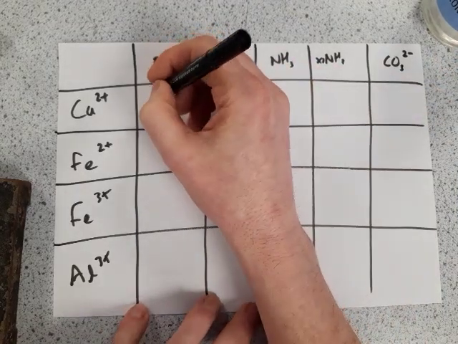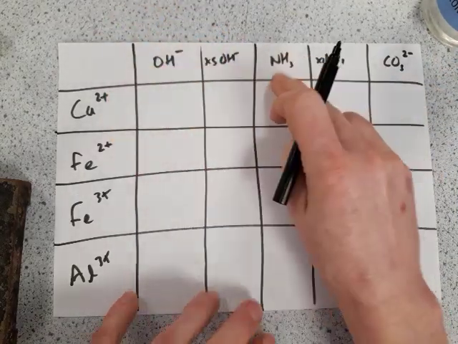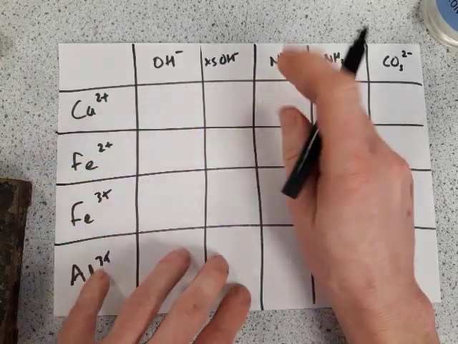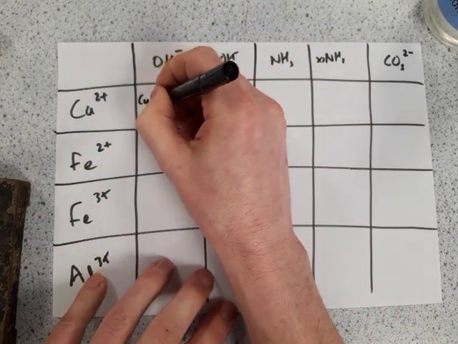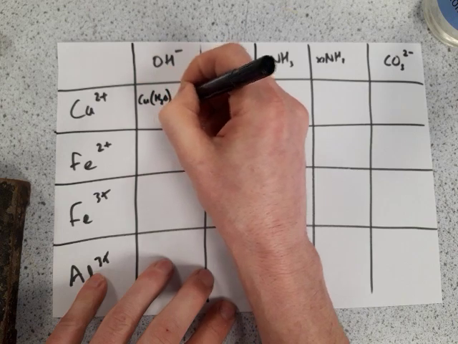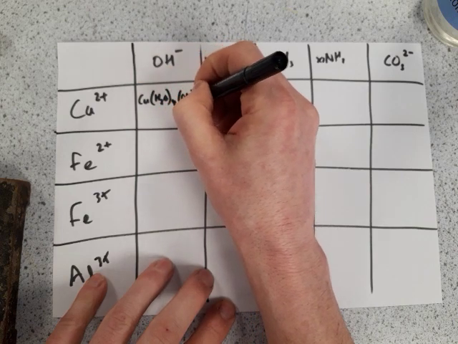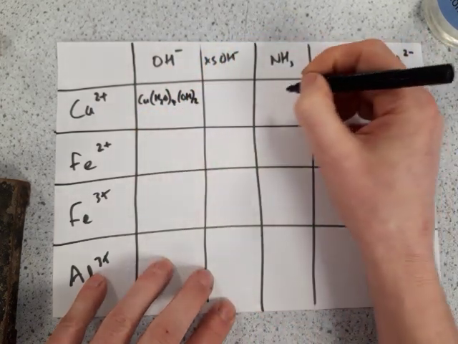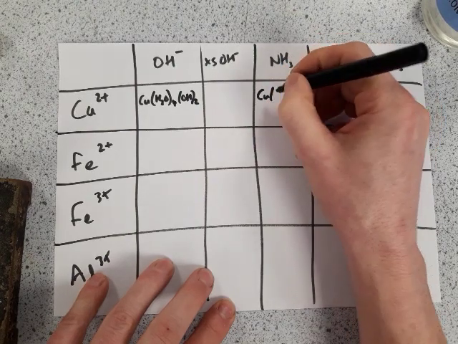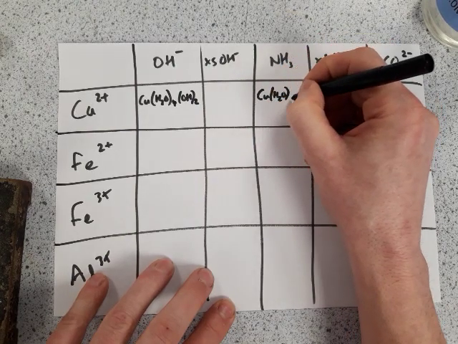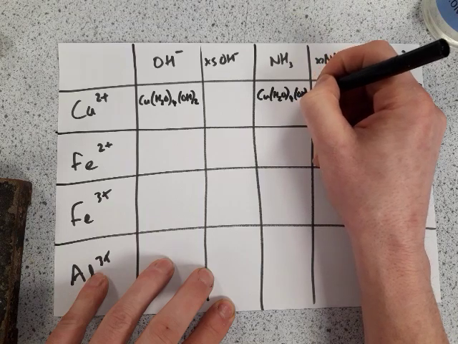We've just said that whether you add hydroxide or ammonia, in these 2 columns the same thing is made. Watch: Cu(H2O)4(OH)2. It's not got a charge, it's going to be a precipitate. You make exactly the same chemical here, (H2O)4(OH)2.